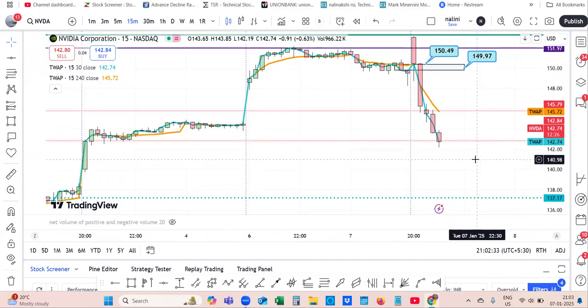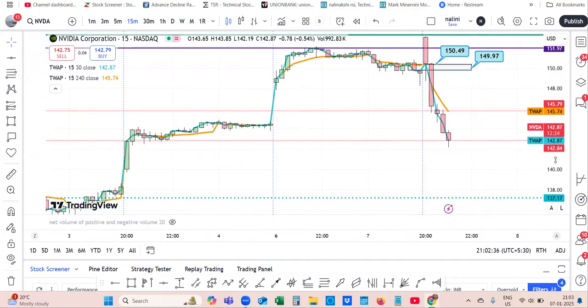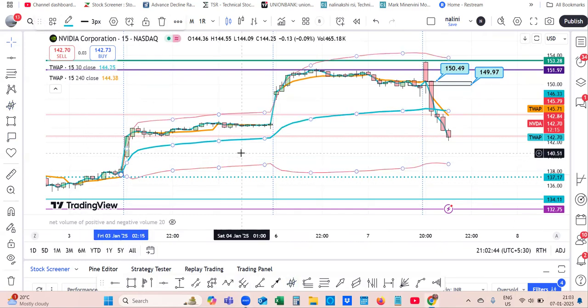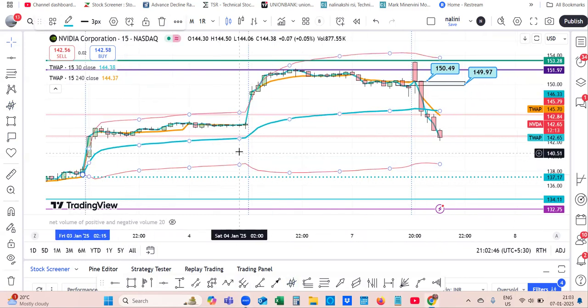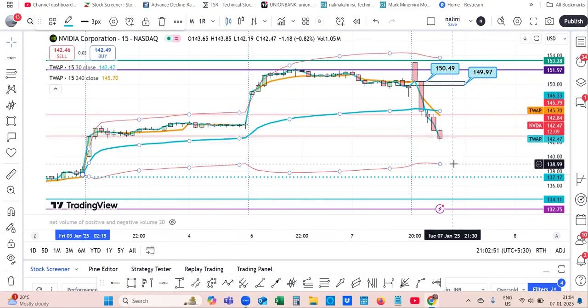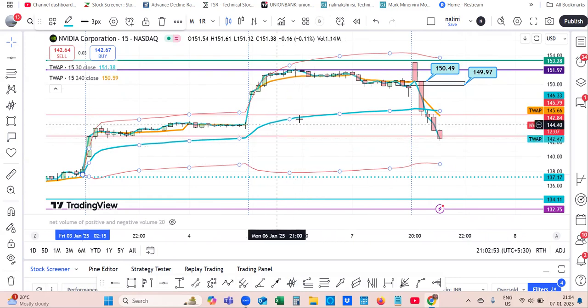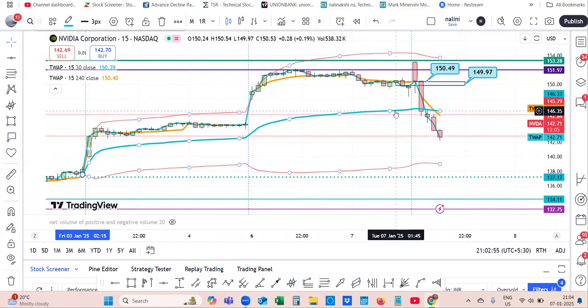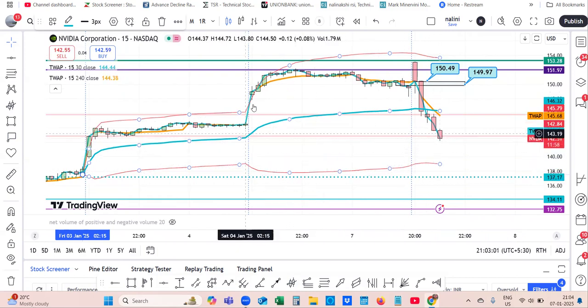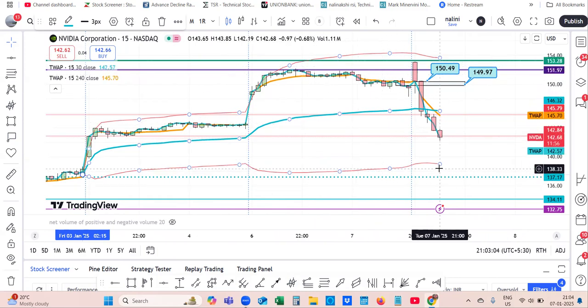Another way we need to look for support, I had told you to use the anchored VWAP, so that it will act like a Bollinger Band. The middle point is the volume weighted average price, and these are the standard deviations put on, the bands like a Bollinger Band.